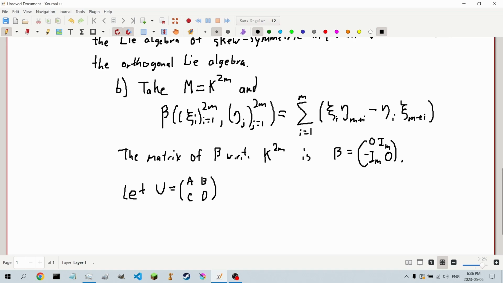And this is, of course, with respect to the canonical basis of K^2m. This is the matrix of an element U in G, the general linear Lie algebra of M.